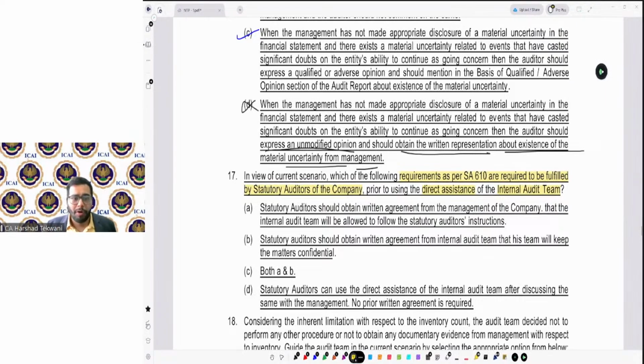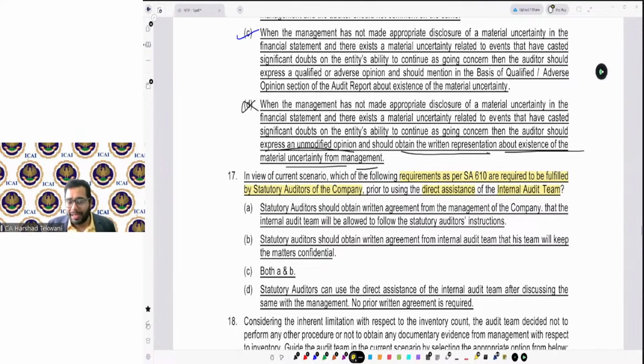I can give small work to the internal audit team where not much objectivity is required and no significant risk is there. It's just direct work. I can give low risk areas. I can give a lot of things.